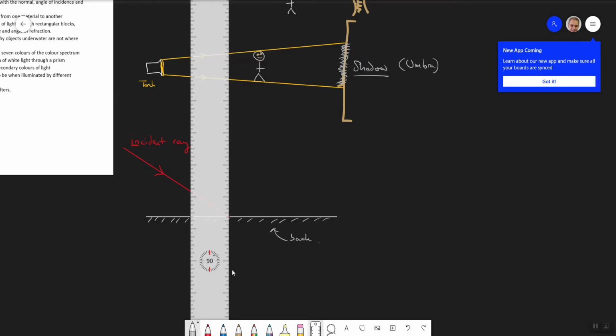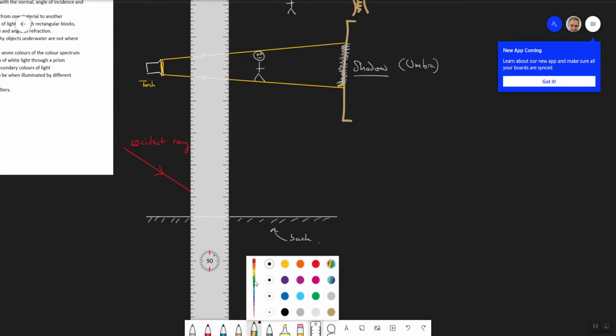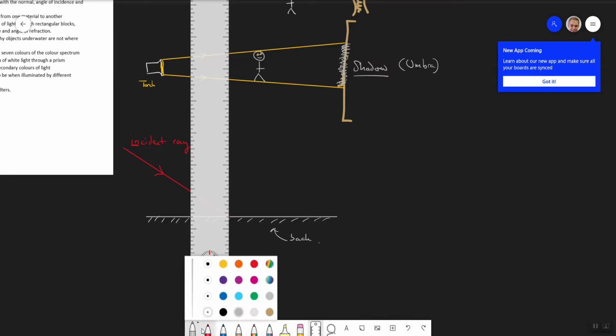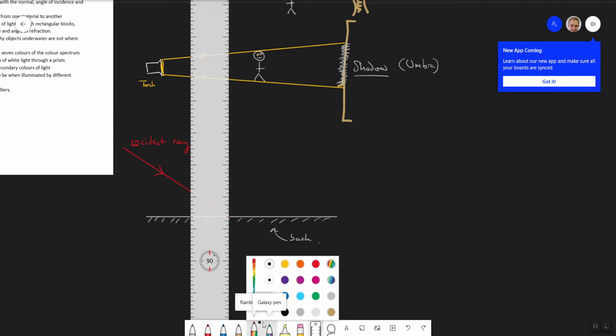So this line right here, it's such an important thing, let's do it in a rainbow pen, and let's do it really thin.